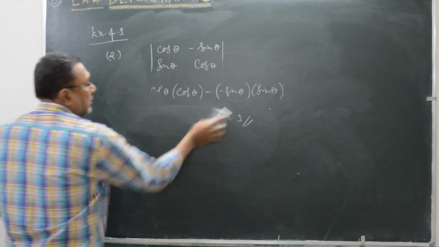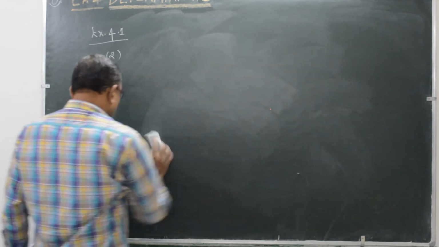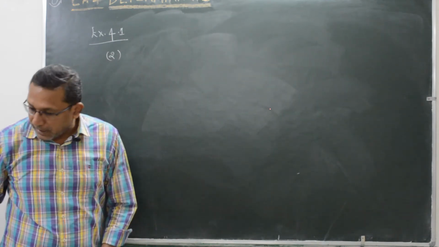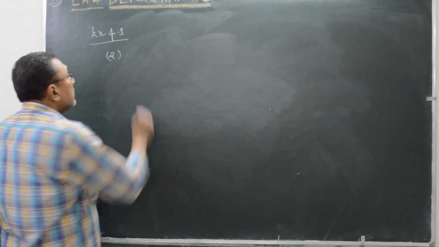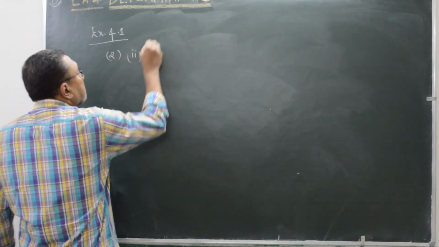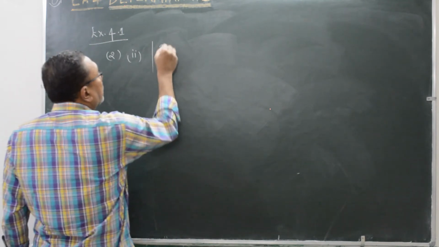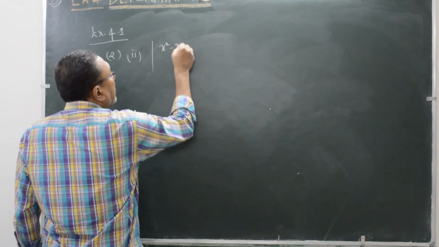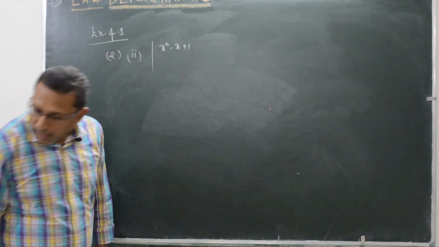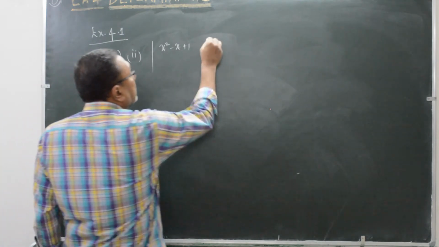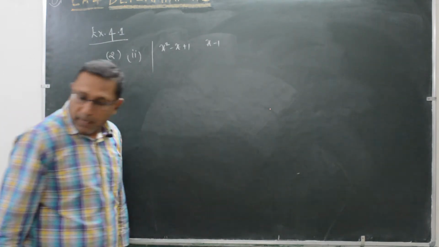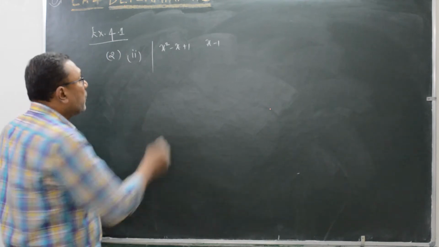Let us see what is there in the second one. It is x square minus x plus 1, x square minus x plus 1, and the second row is x minus 1, x minus 1, x plus 1, x plus 1.